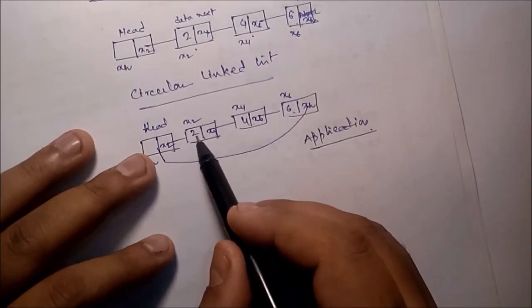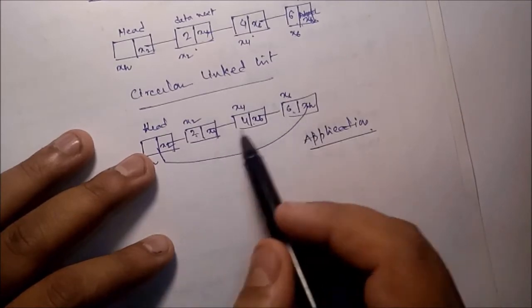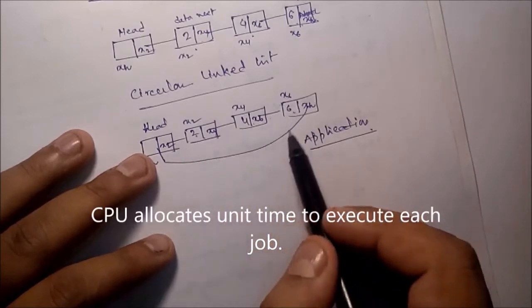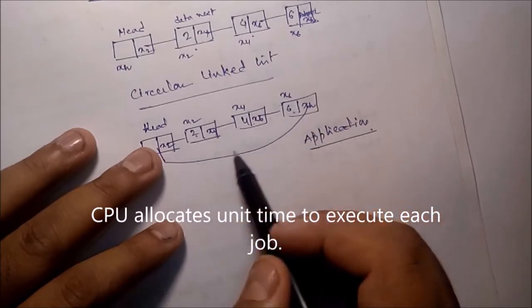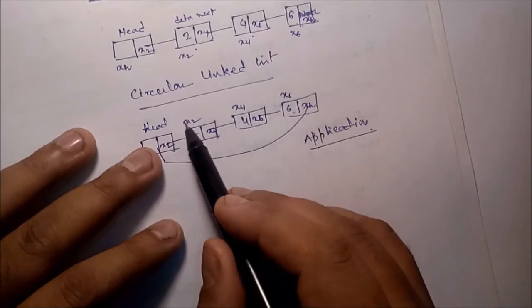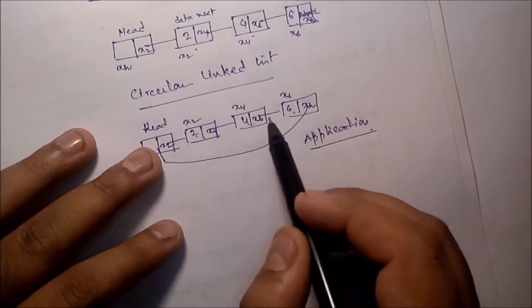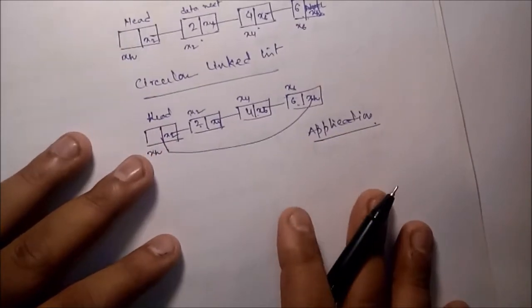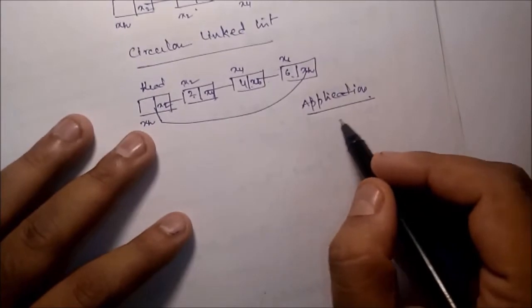The CPU gives time to each and every job in unit time, so it will execute the nodes. If any of the jobs is finished, you can remove that particular job and it will execute the remaining jobs. So we may use a circular linked list for CPU scheduling.